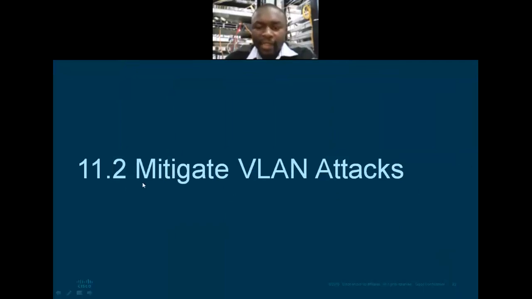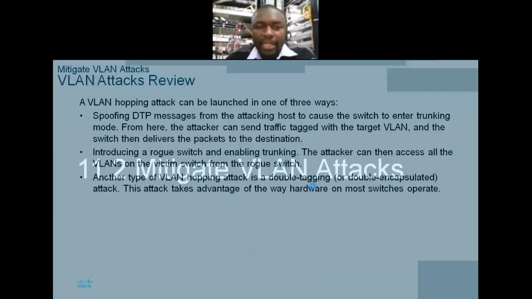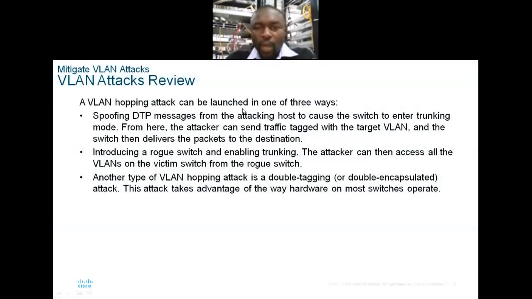Now, mitigate VLAN attacks. Right? A VLAN hopping attack can be launched in one of 3 ways. The first one is spoofing DTP messages from the attacking host to cause the switch to enter trunking mode. Okay?